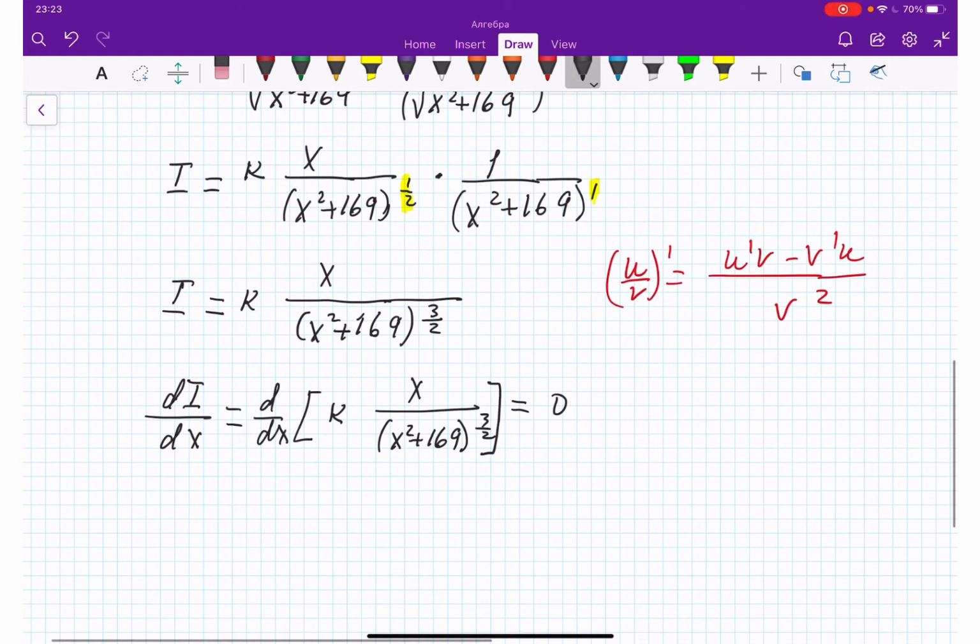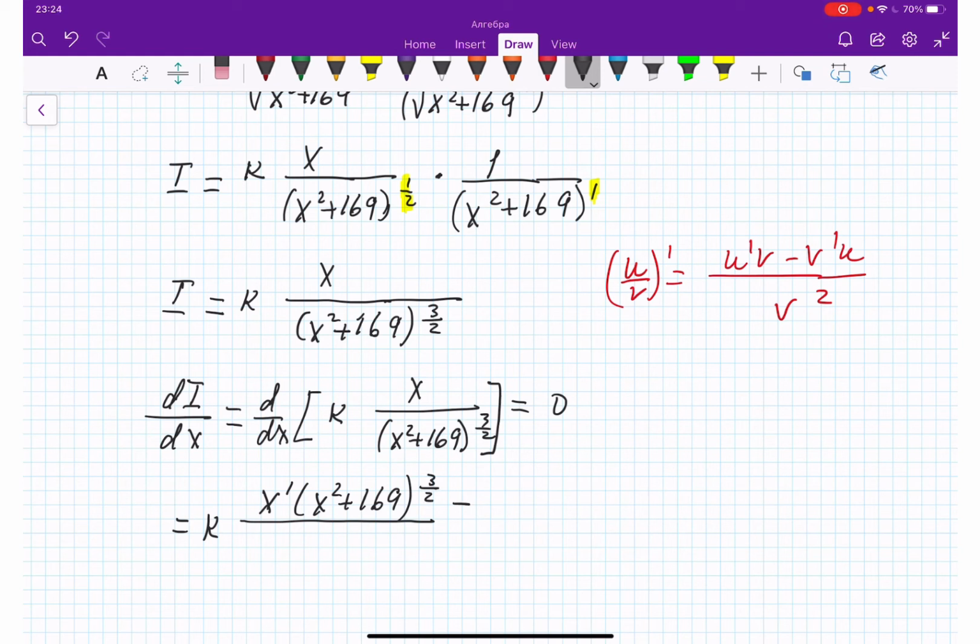All right. So from here, we have k, it's going to be x prime times x squared plus 169 to power 3 over 2 minus x squared plus 169 to power 3 over 2 prime, because we are taking now derivative of v, right?